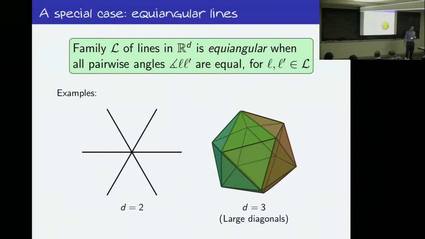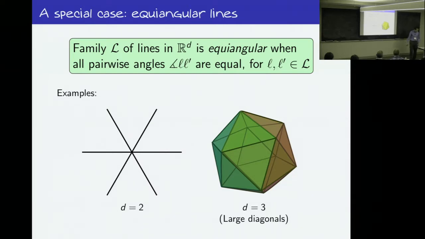In dimension 3, the best construction turns out to be you start with the regular icosahedron. Again, look at the large diagonals, joining antipodal points, drawing a line. And again, it's easy to check that this is also a family of equiangular lines. And it's slightly harder, but it can be shown that this is the most you can get. So this is a fairly intuitive algebraic geometric problem with a strong combinatorial flavor.